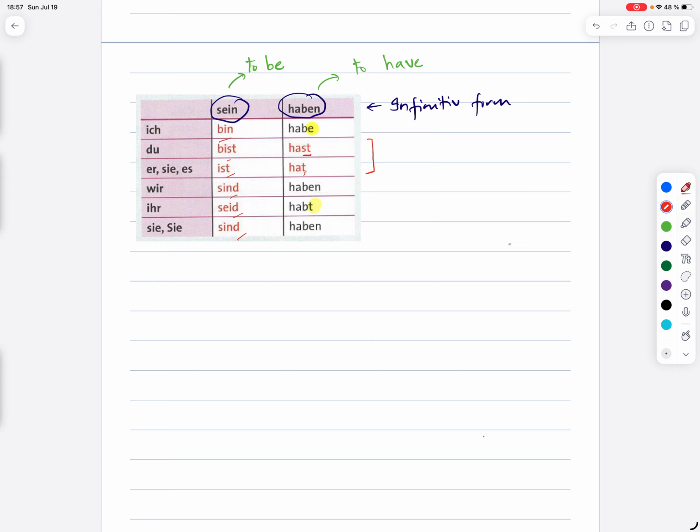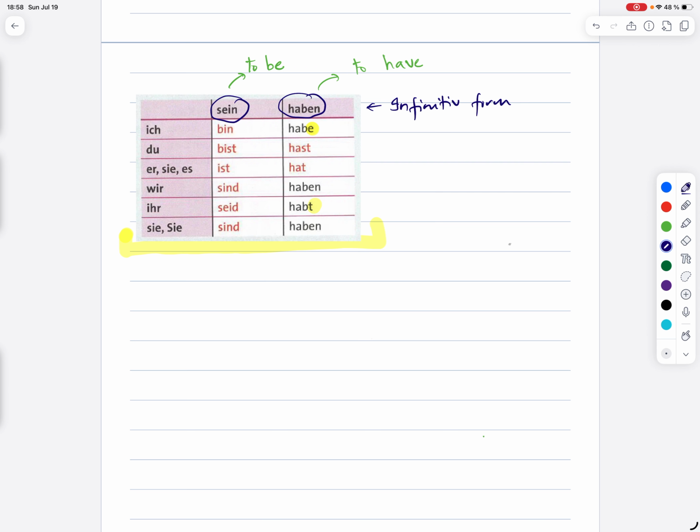Right, so it's an irregular form, so here you might have to remember all these forms and how they're conjugated. For regular verbs the conjugation rules are there, but here they are irregular in nature. For sein, all the personal pronouns from ich to sie are irregular, and for haben you only have du and er/sie/es. But you can follow this table and remember the conjugation.